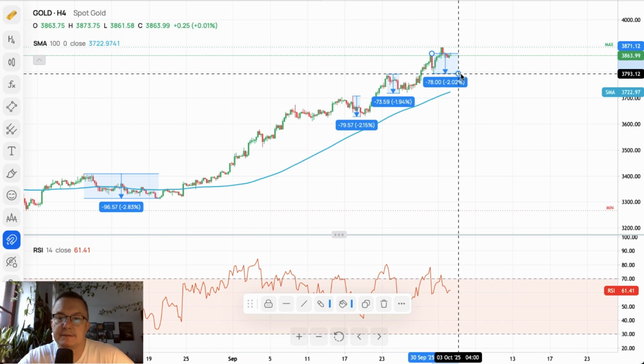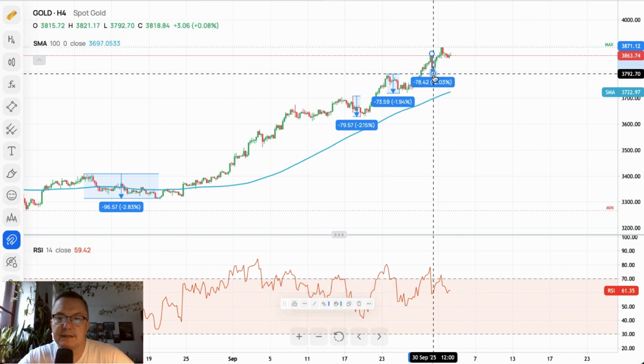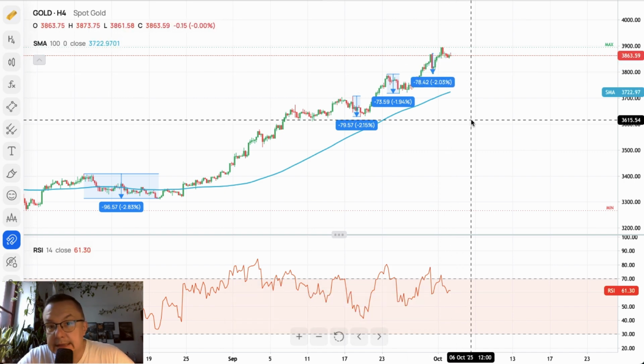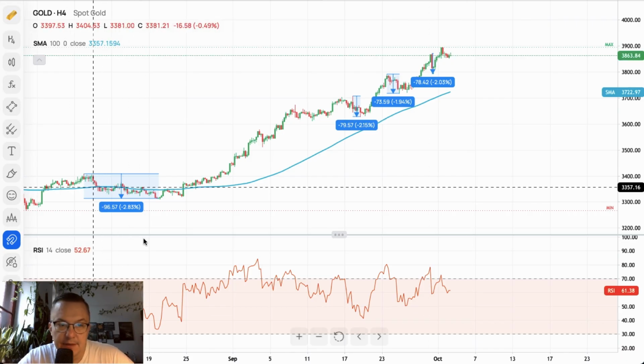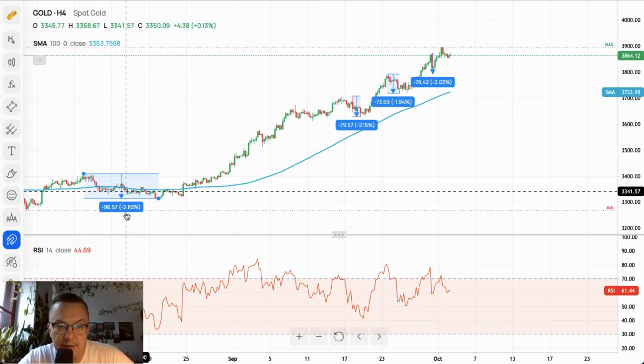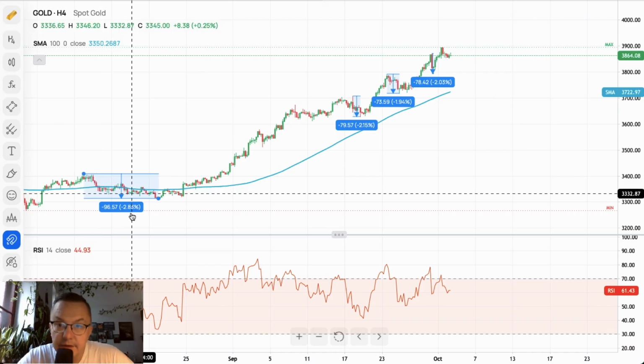So that's this slide, 2%. Except for the extremely overbought market conditions, there is no indication that this market wants to stop or terminate the uptrend or do some kind of reversal. Quite the opposite. The biggest correction here was in August, and it was minus 2.83 only.